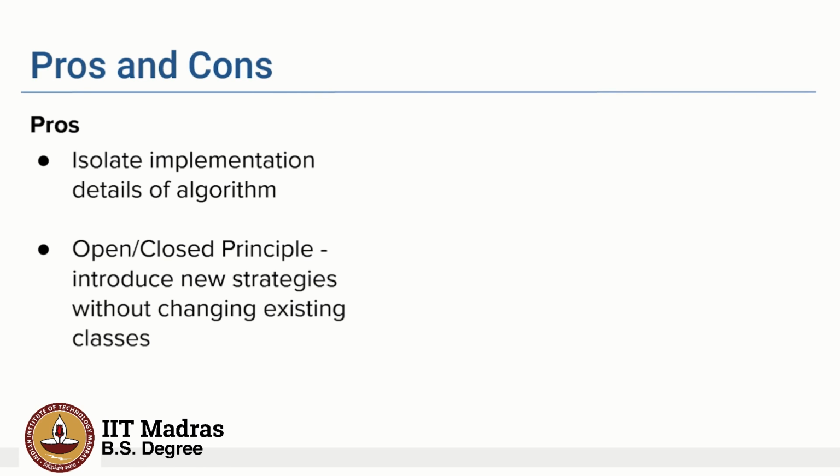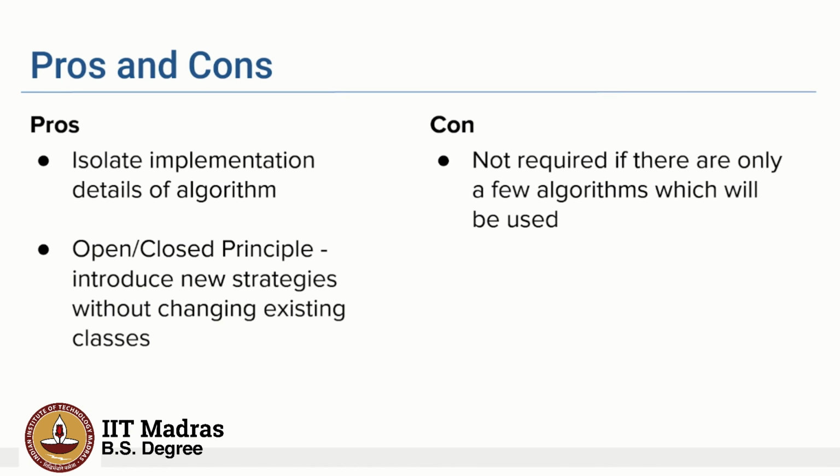We can introduce new strategies without changing the existing classes or methods. And what is the disadvantage? Well, let's say our application does not require many algorithms or strategies. We just have one or two strategies, then we need not actually implement the strategy design pattern.